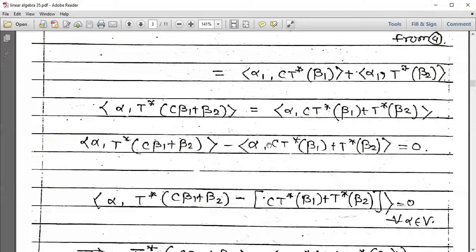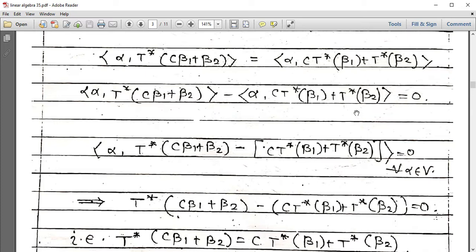Solving all these steps, taking this term to the left side, we get the inner product of alpha and T star of c beta 1 plus beta 2 minus the inner product of alpha and c T star of beta 1 plus T star of beta 2 equal to 0.